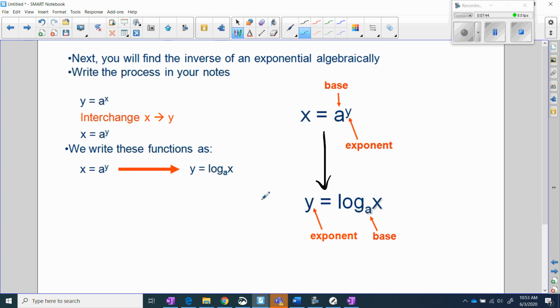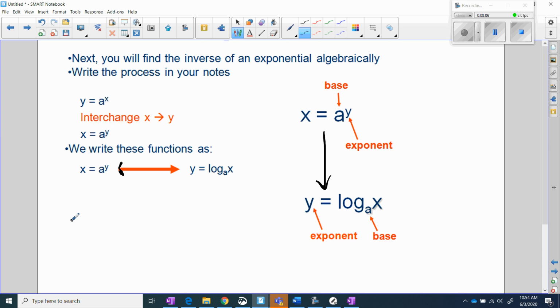So to translate this, well, sorry, let's just go over here. This should be a kind of a two-phase process. You should be able to start with an exponential statement and write it as a logarithmic statement. You should be able to start with a logarithm and write it as an exponential statement.